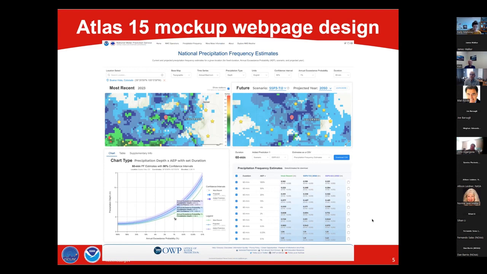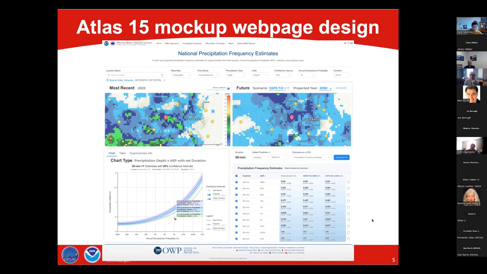So for example, and again, this is just a mock-up, so these aren't real values. If you look at the table on the lower right-hand corner, this potentially would provide values for the 60-minute duration for various annual exceedance probabilities from 100% down to 0.1%. This corresponds to Atlas 14, except it's in this probabilistic language or framework.